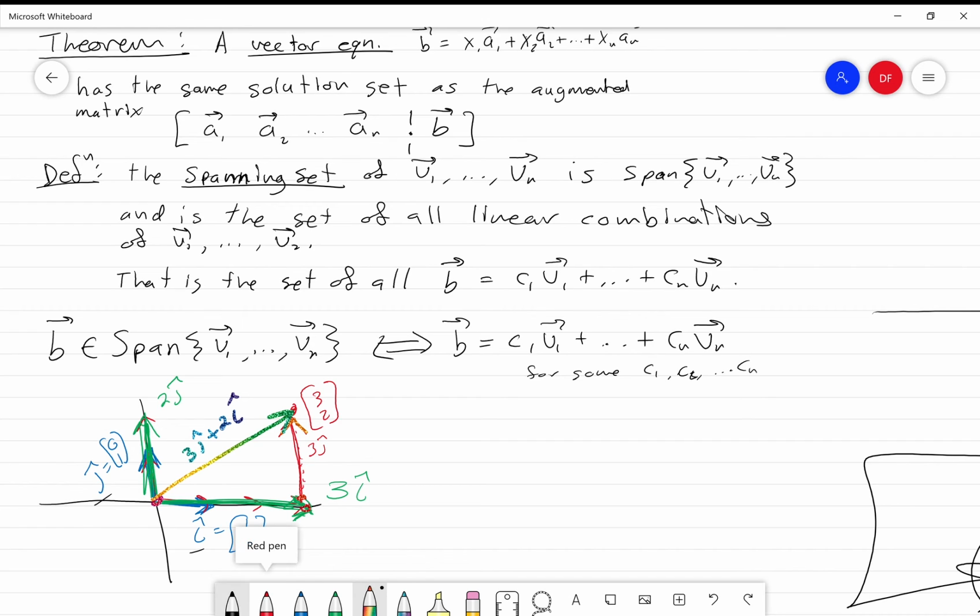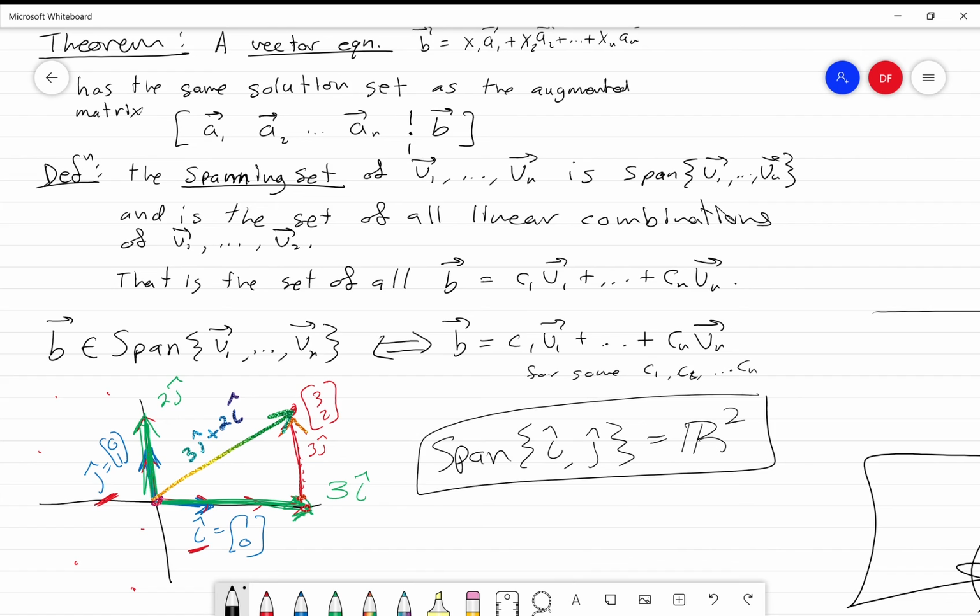So basically, any vector, any point in R2 can be written as a linear combination of i hat and j hat. So therefore, the span of i hat and j hat is all of R2. You see? Okay.